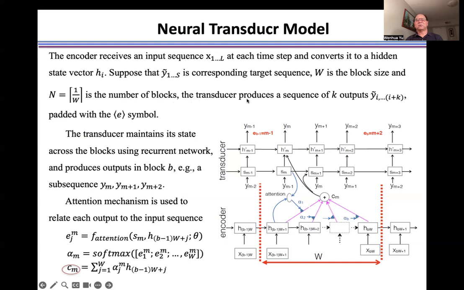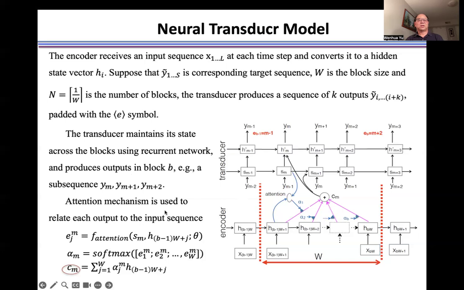The transducer produces a sequence of K outputs, Y_i to Y_i plus K, padded with the end symbol. The transducer maintains its state across the blocks using a recurrent network and produces output in block B, for example, a subsequence Y_m plus 1 and Y_m plus 2.